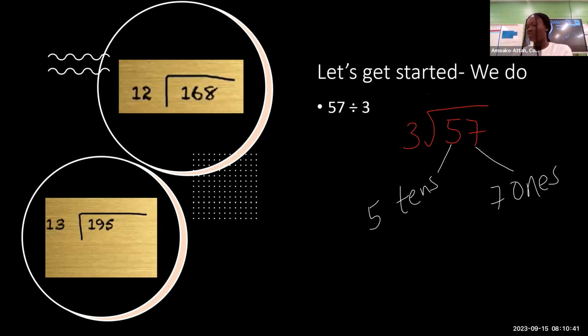So these are your ones, 7 ones: 1, 2, 3, 4, 5, 6, 7. So we are using the manipulatives as well as the modeling. Okay, so let me stop sharing this and show you.